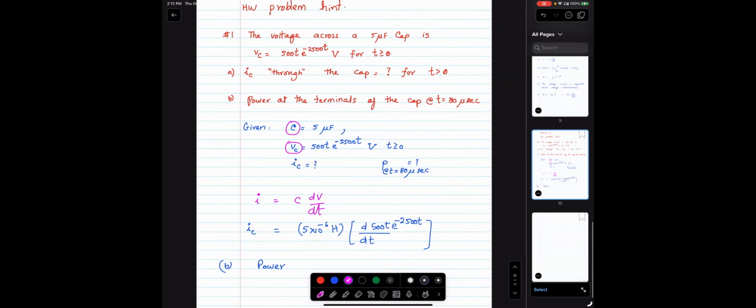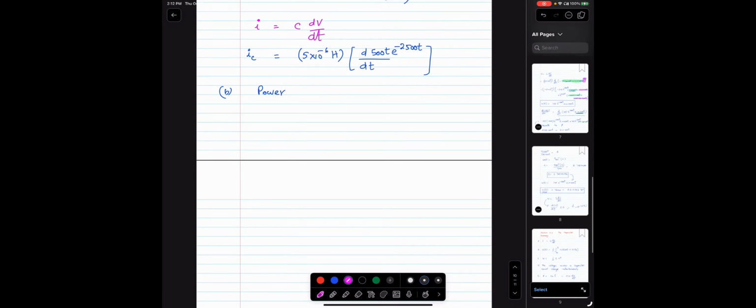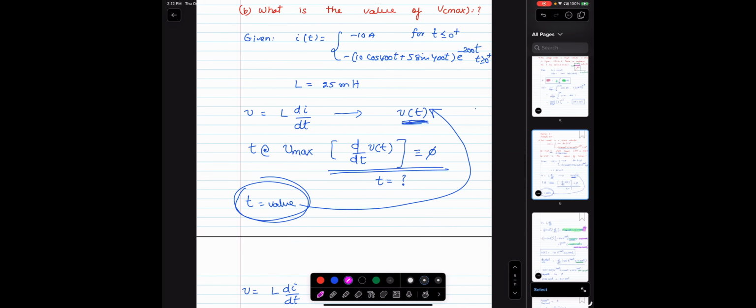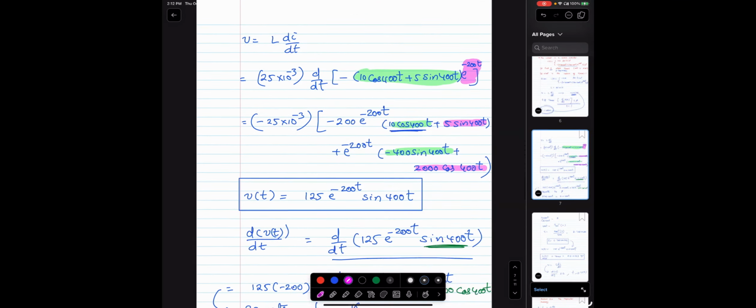In order to find the power, we can also go back and use one of these formulas. Where did I give you the expression for power?